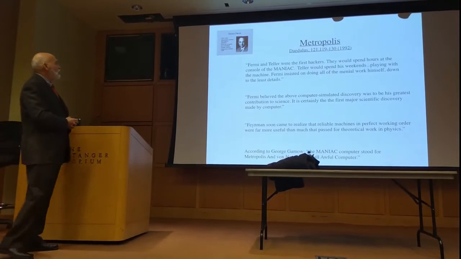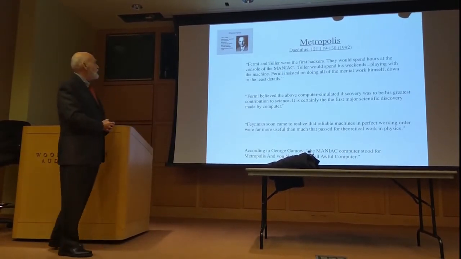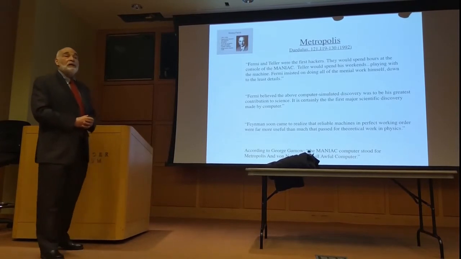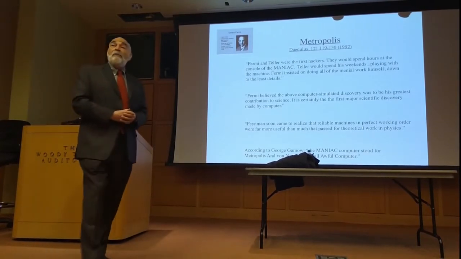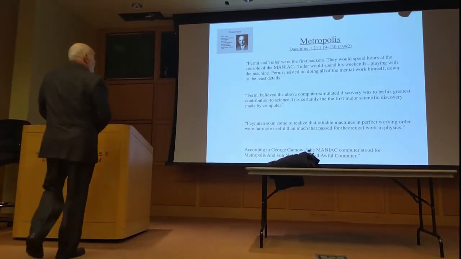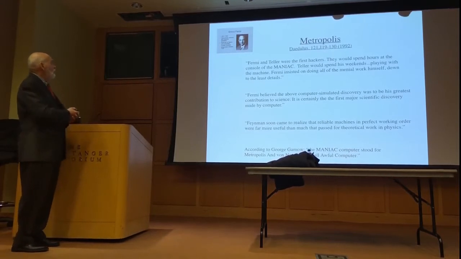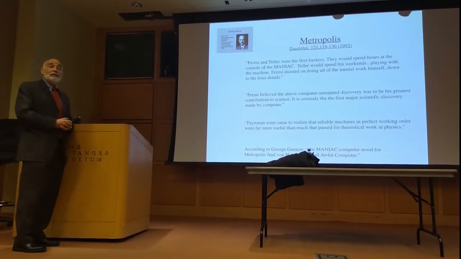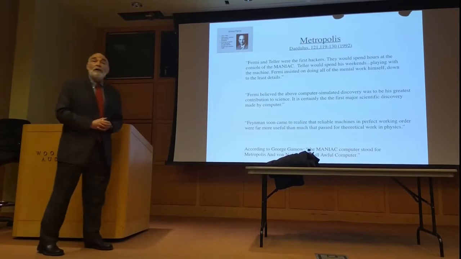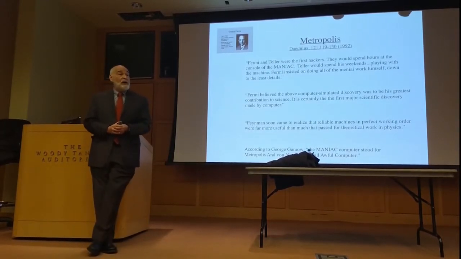Now, Metropolis followed this up, wrote an article in 1992 in Daedalus. Metropolis is the same Metropolis of Monte Carlo fame. These are quotes from his paper. First of all, of course, Fermi was a great physicist. He was one of the people who did both experiments and theoretical physics at a very high level.